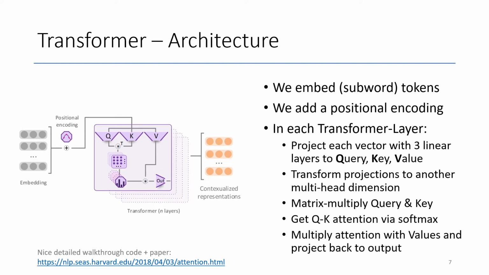So before we run our embeddings through the self-attention mechanism of the transformer architecture, we have to do one crucial step, and this is we add a positional encoding to every vector in our embedding.